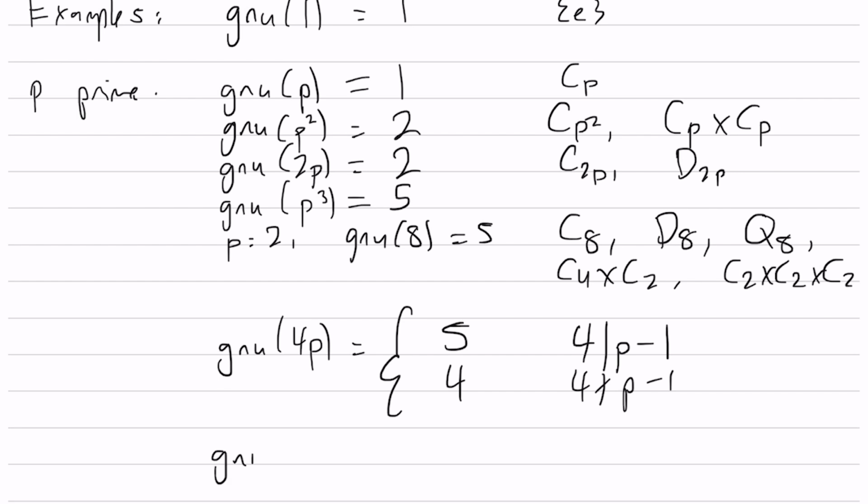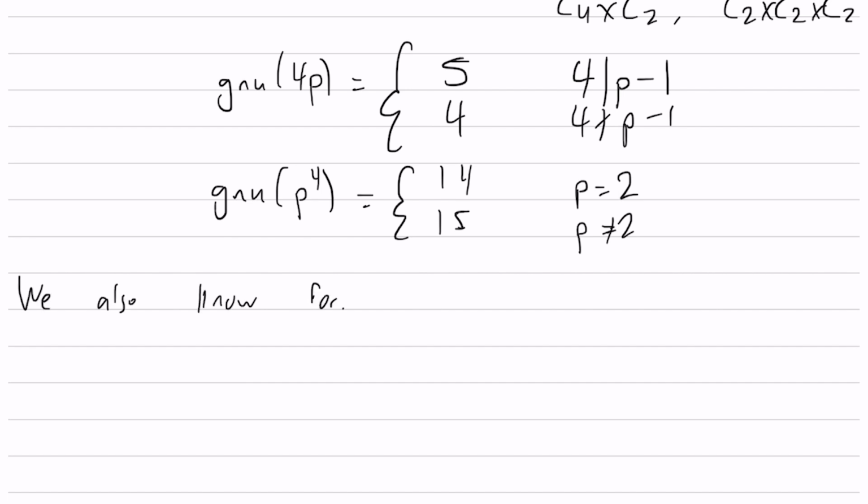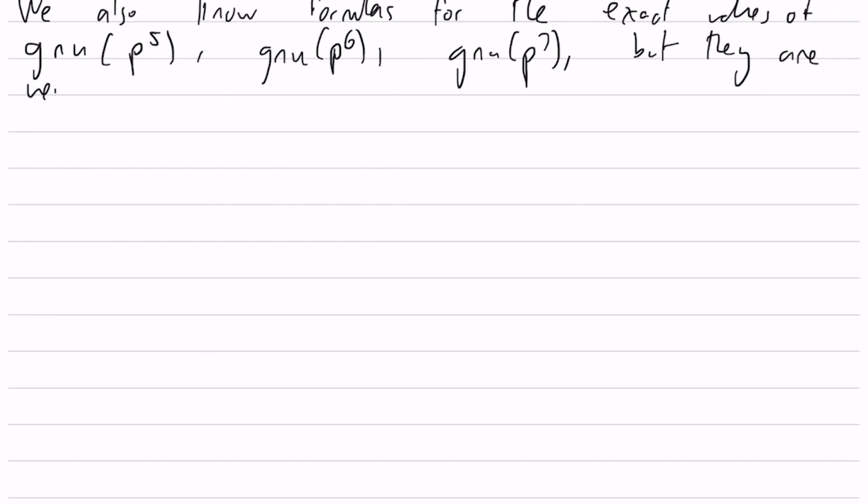If we continue to look at prime powers, we can get even more complicated results. It turns out that for p to the 4, the classification gets a bit messy as well. There's 14 for p equals 2, that is groups of order 16, and the rest are all 15. Now, we also know formulas for the exact values of the group number function of p to the 5, p to the 6, and p to the 7, but they are very messy.